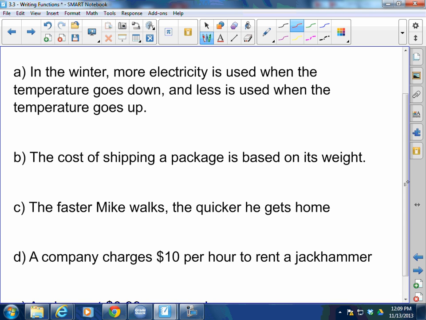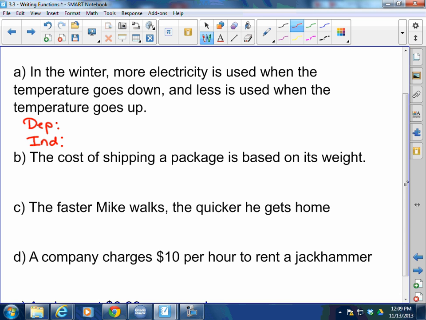I want to determine in all of these the dependent variable and the independent variable. So for A, in the winter, more electricity is used when the temperature goes down and less is used when the temperature goes up. What's the independent and what's the dependent here?